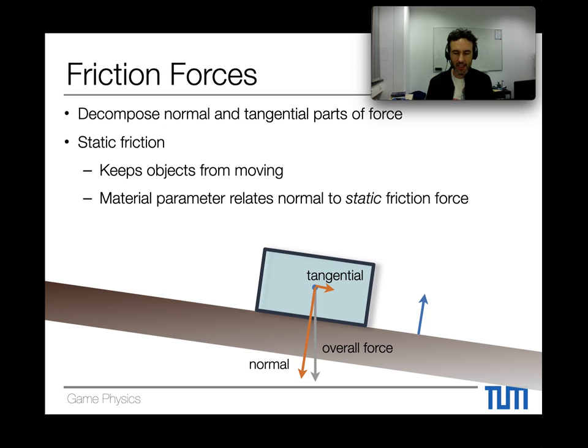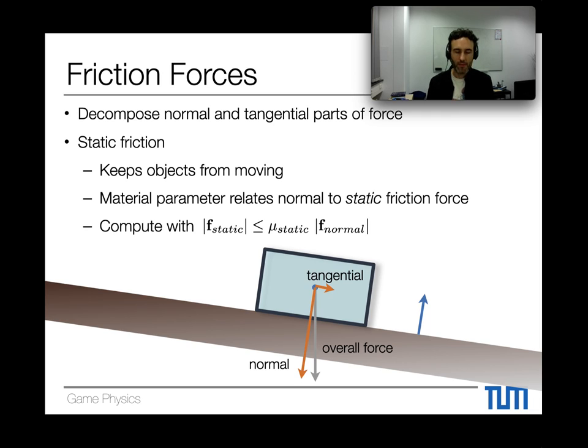And in reality there are material parameters here. This is not so easy to determine for surfaces, but it really depends on the roughness of the surface, so how much the microstructures of the surfaces interlock to give us this friction effect.